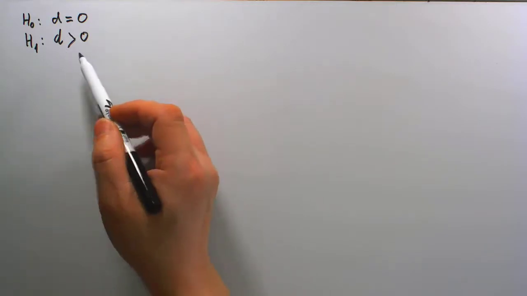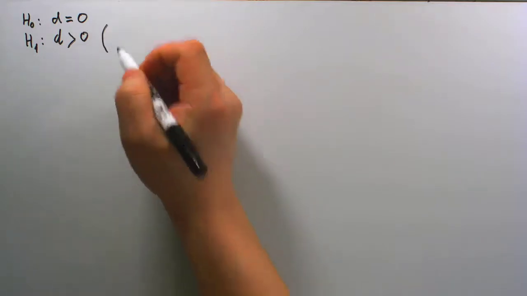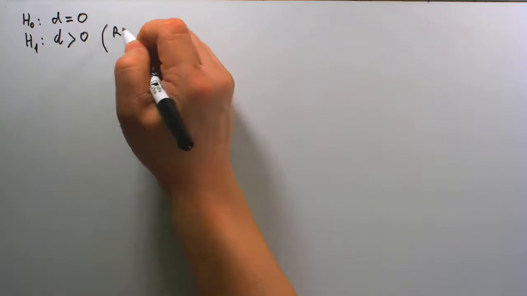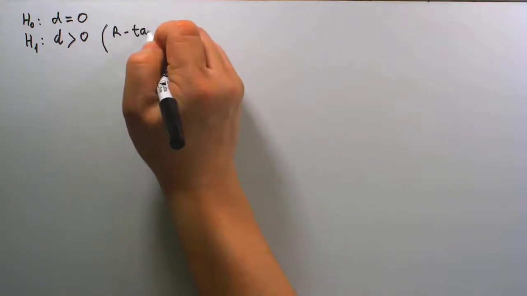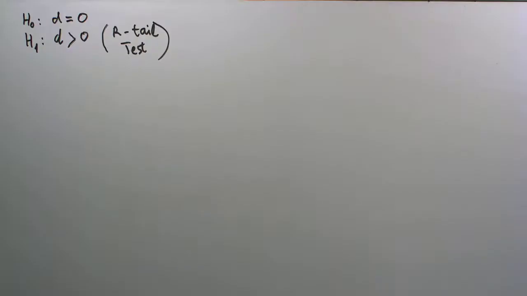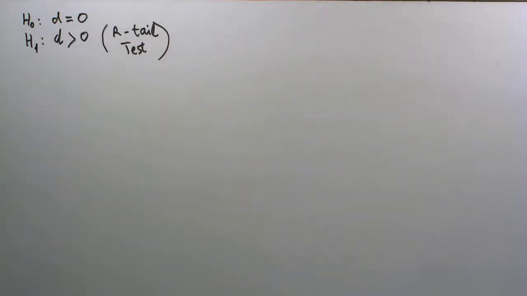But here in question D, after we switch the numerical labeling, the hypothesis indicates that we're working with a right tail test. And that's the first thing making it completely opposite from the work we have done in part A.